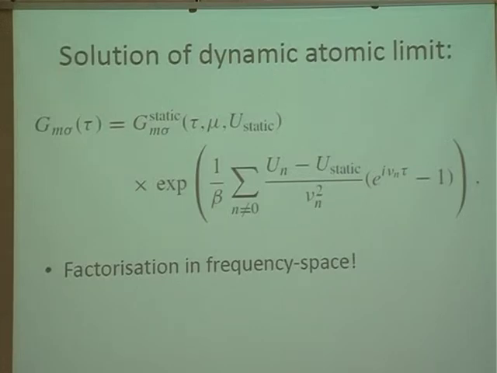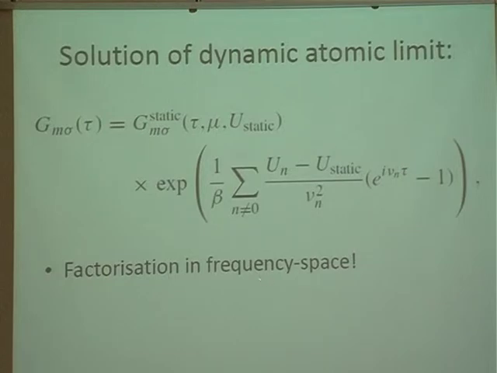Now, the omega dependence of U enters in Fourier components that I call U_n here. And all the non-zero Fourier components, the ones other than the static one, enter into a second factor which looks like that. I wrote things in tau space here, and then I wrote the factorization in frequency space.